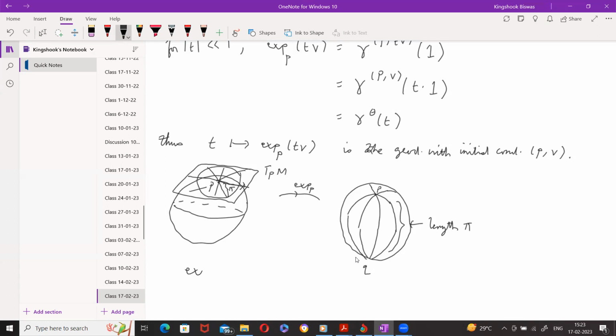So xp of norm v equal to pi will be the singleton q. Okay. Is that clear?